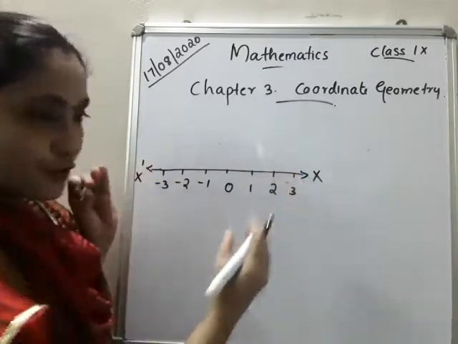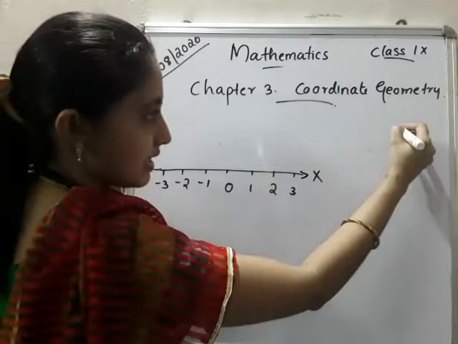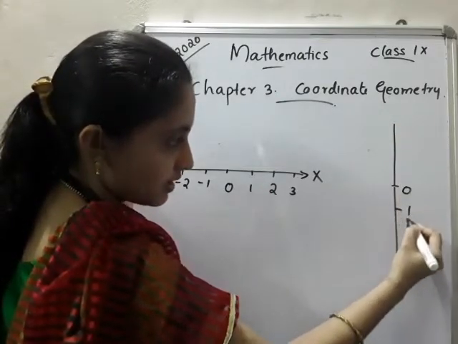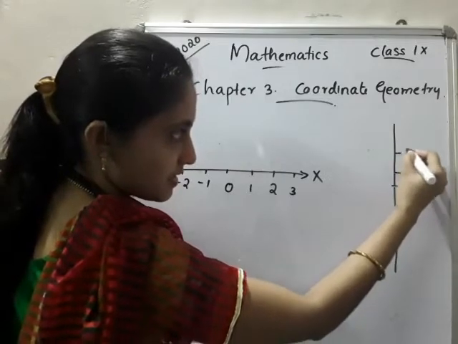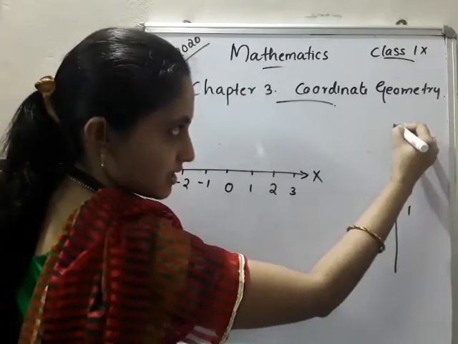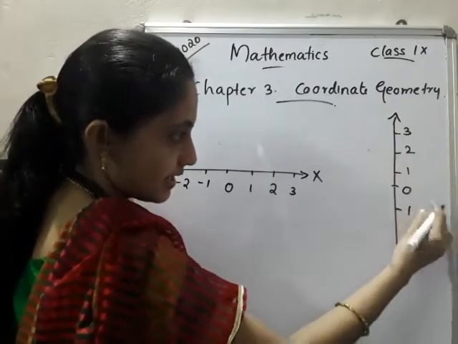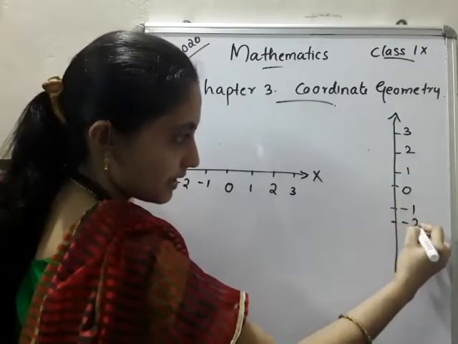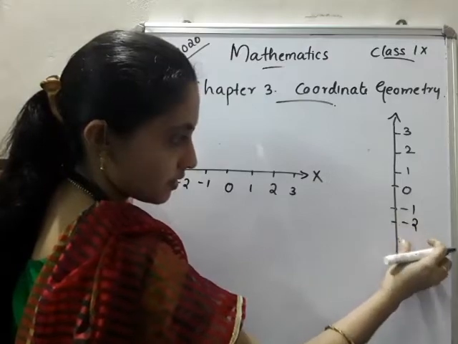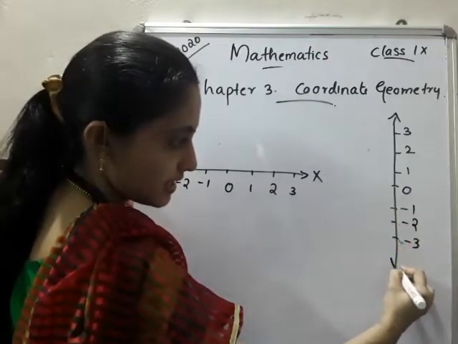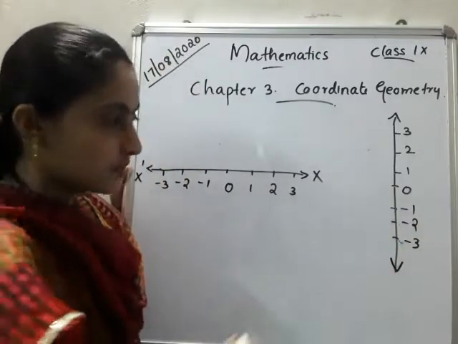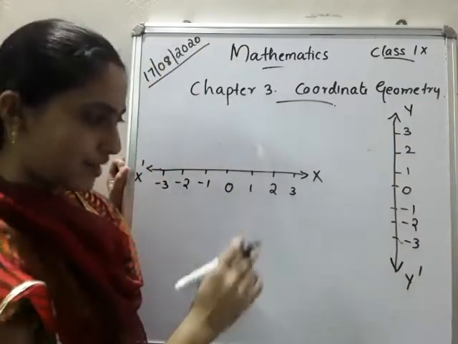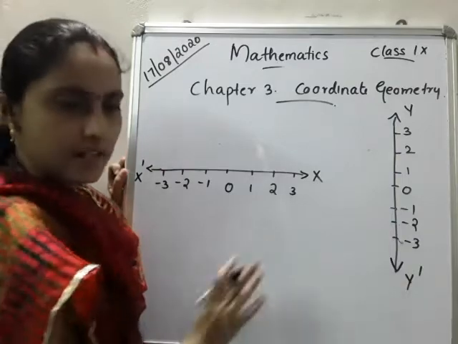Now I am taking a photocopy of this and twisting it, like this. This is 0, this is 1, this is 2, this is 3, and this is extending, and this will be -1, -2, -3, and this side also extending. And I will name this as y and y dash. Y dash means Y bar. Anything you can say, Y dash.